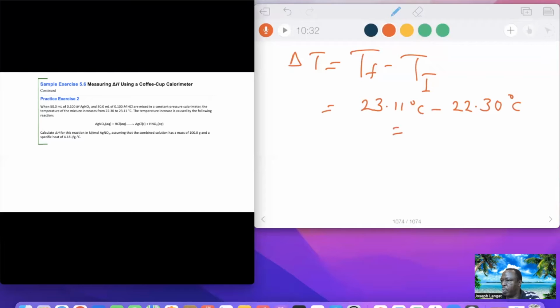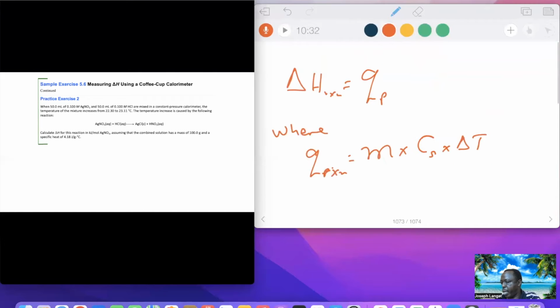Here the change in temperature is 0.81 degrees Celsius or 0.81 Kelvin.